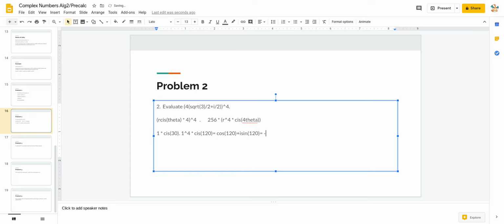So that's just going to be negative cosine 60, which is negative half. So that's kind of how I got that. And then sine 120 is going to be sine 60, which is root 3 by 2 i. And then just multiply this by 256, and that will be negative 128 plus 128 root 3 i.